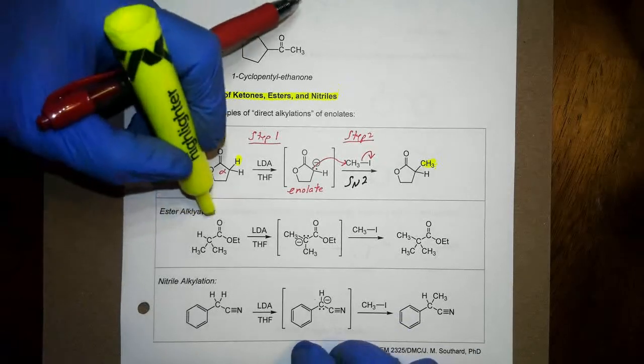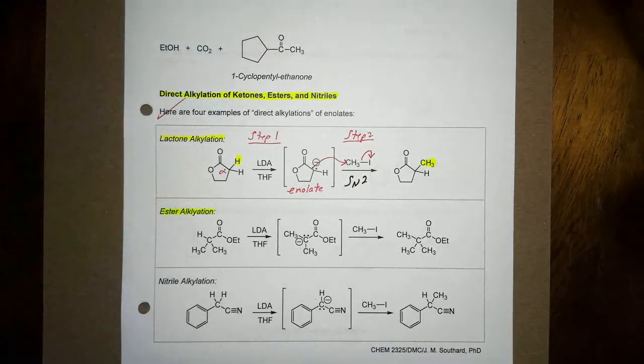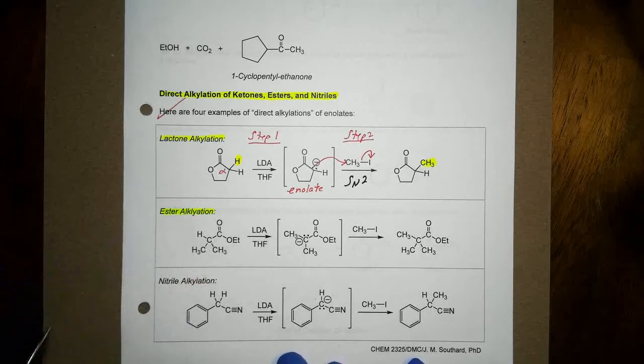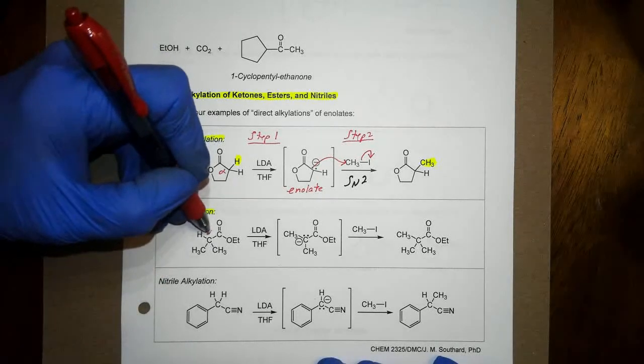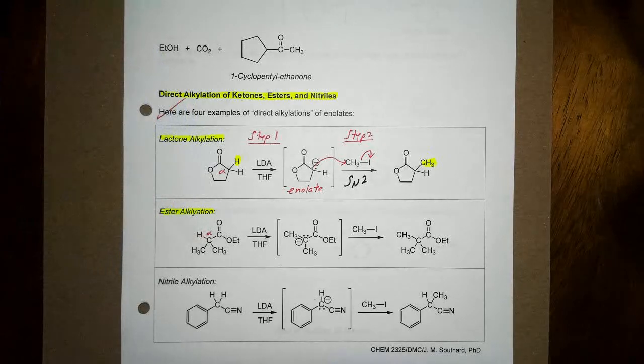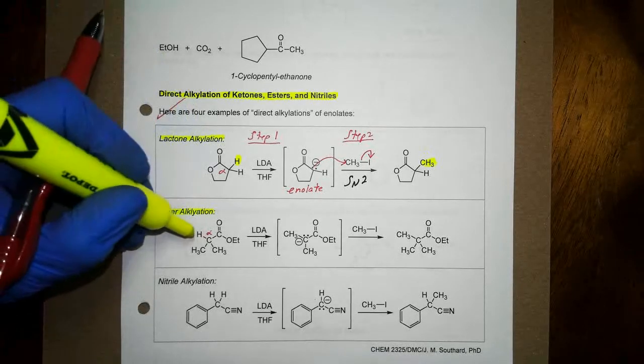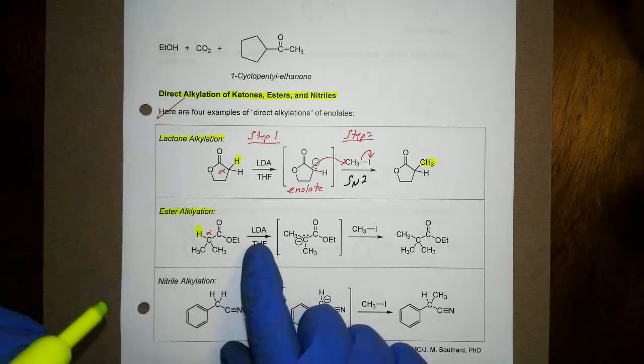No. Here's an ester. You can alkylate esters just as easily. The only thing that really matters here is that you have a carbonyl, and we do, and that on that carbonyl you have an alpha hydrogen. You only need 1.